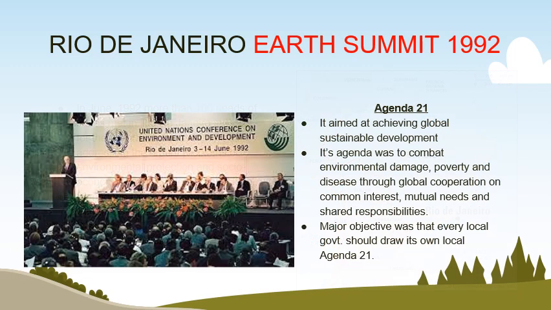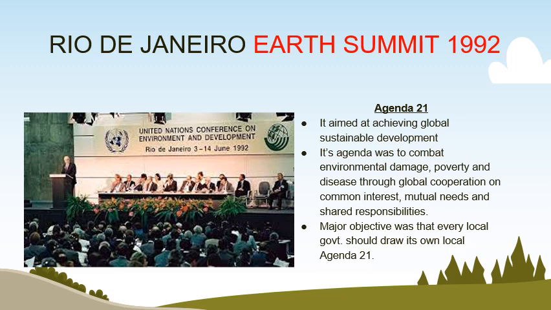So what is this Agenda 21? It basically is to combat the environmental change and poverty and diseases through global cooperation. Understand the words: through global cooperation on common interest, mutual needs and shared responsibility.